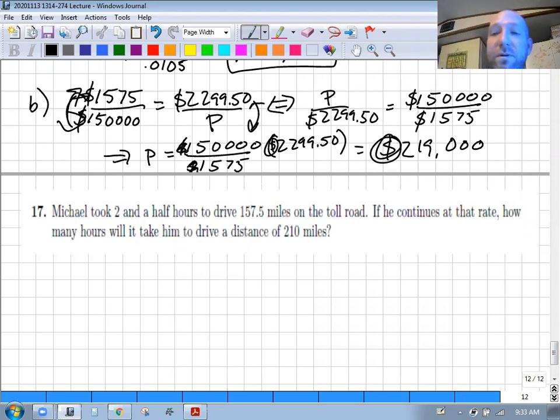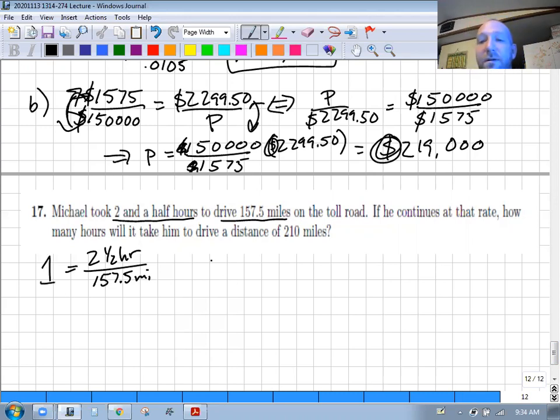All right, so what you're saying here is 2.5 hours is equivalent to 157.5 miles. That's your unit. That's number one. Okay, so they want to know what is 210 miles in time.